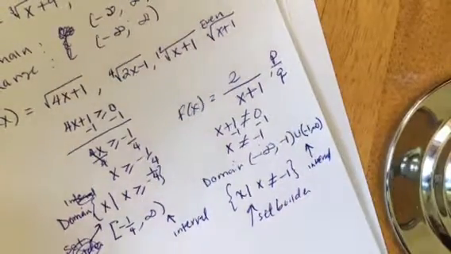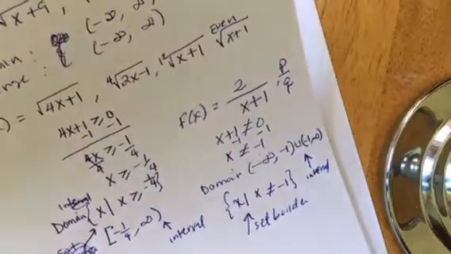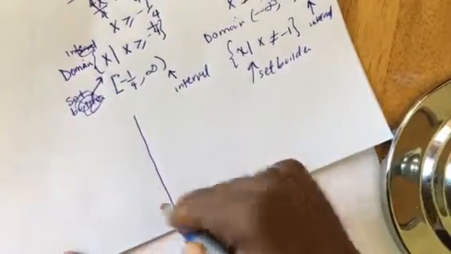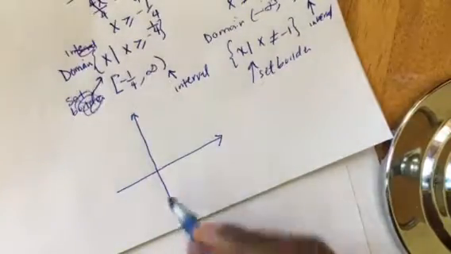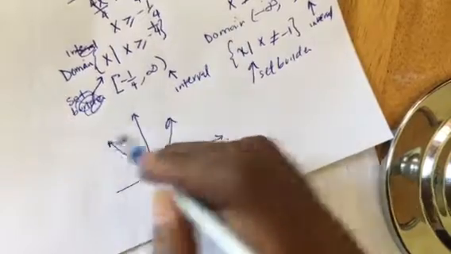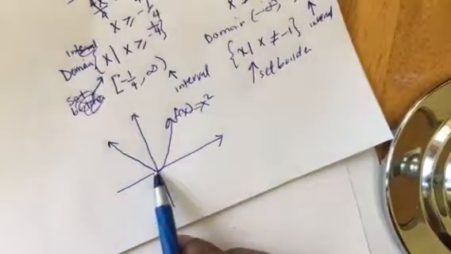So these are the cases that you might see, or you might be asked to find the domain. And the last case you might be asked to find the domain is given a graph. So you have, let's say, a function like this. Let's say this is x squared, f of x equals x squared, which produces a parabola.